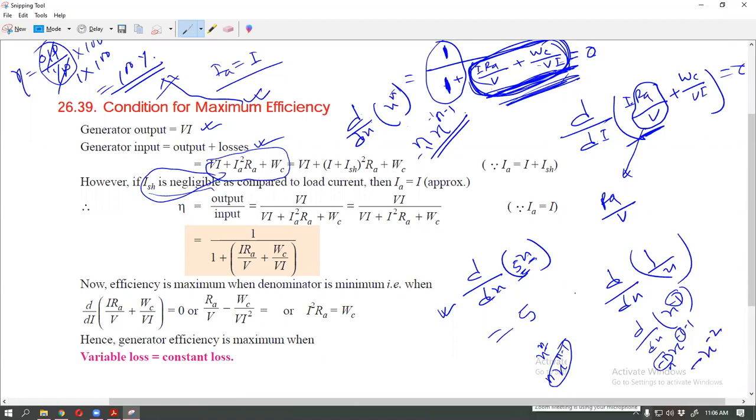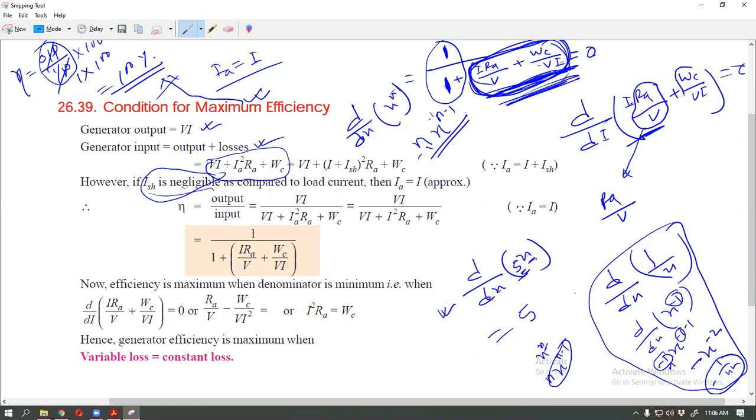And x to the power minus 2 means 1 by x square. This is minus 1 by x square. So d by dx of 1 by x is equal to minus 1 by x square. This is the differentiation calculation. Clear? All are clear? So this is the fact.